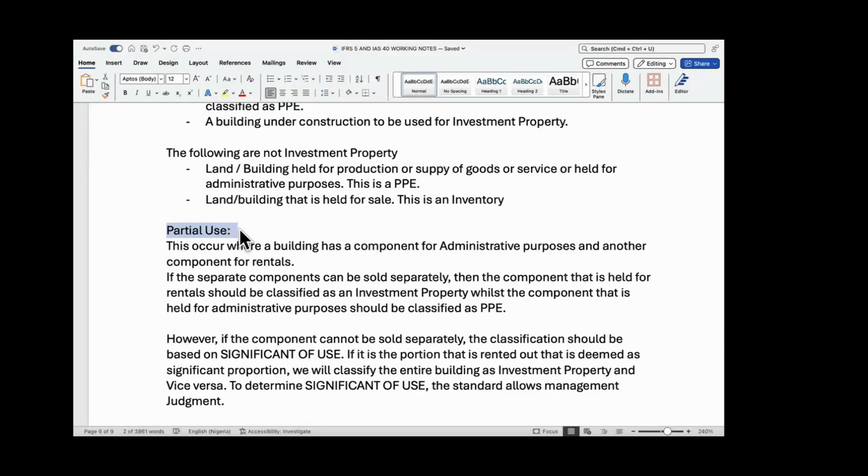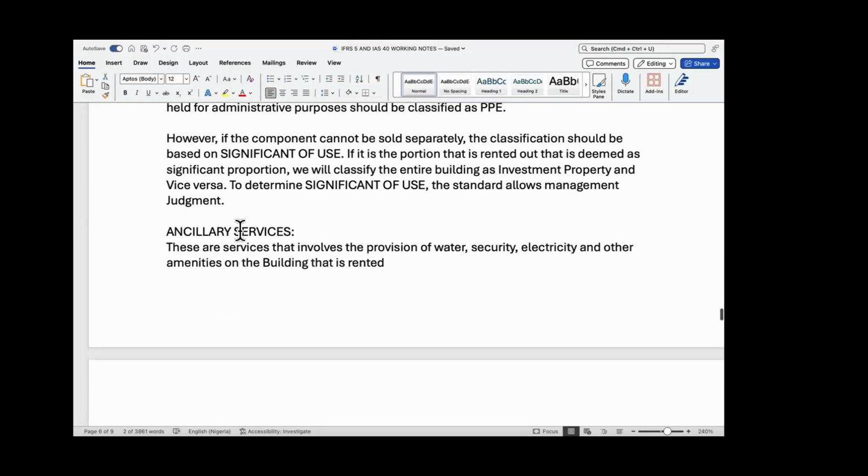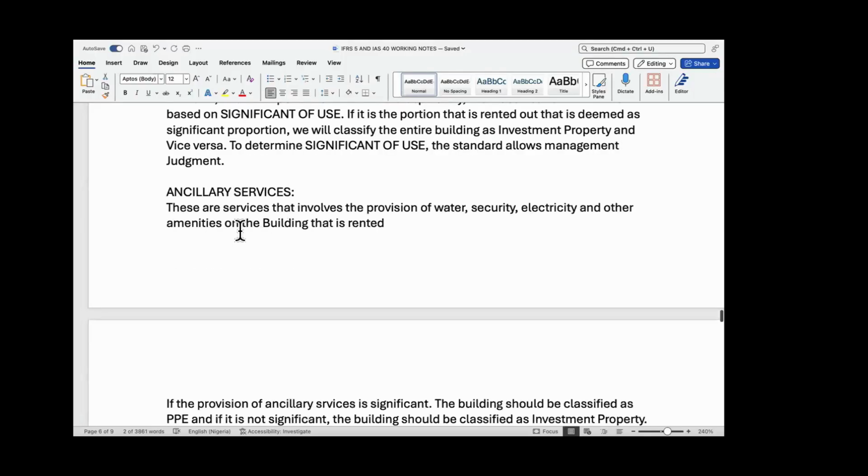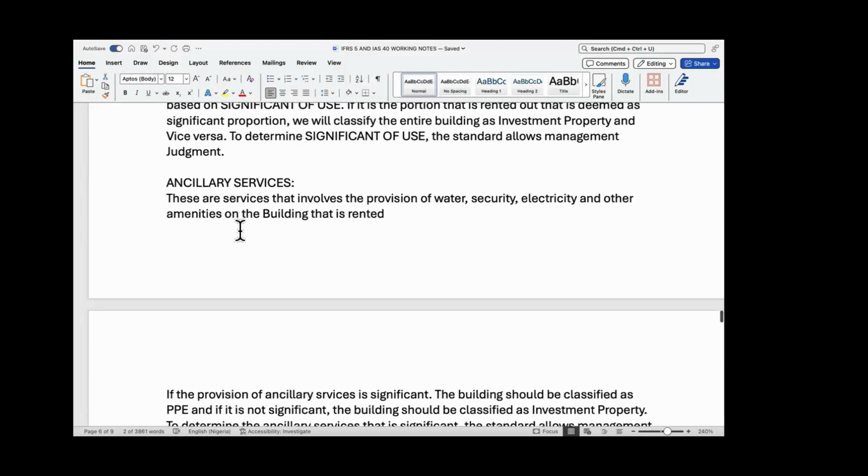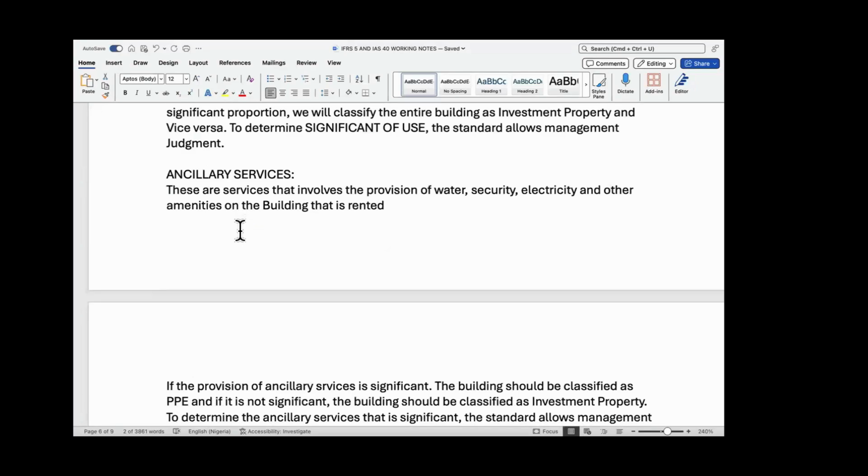They allow management judgments to determine significance of use. Additionally, we talked about ancillary services, where you have a building and you are the one that provides the residents of that building with water, security, electricity, and other amenities.